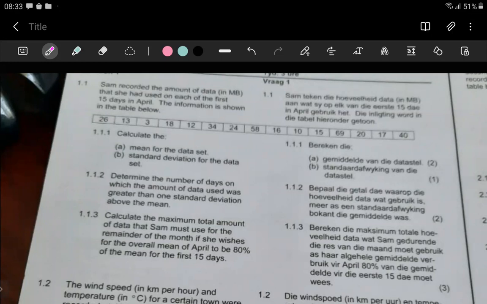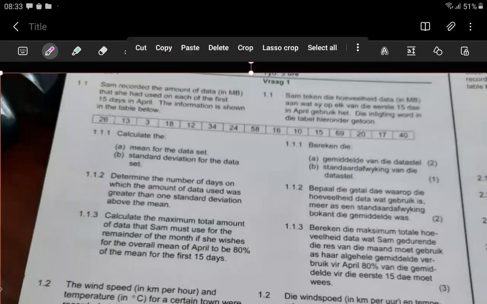So number 1.1.1 A and B. Oh, you were putting the stuff in the calculator, right? Yes, I put it all in the calculator. Okay, cool then. So what are you getting?